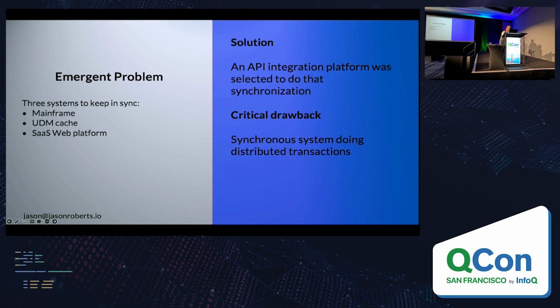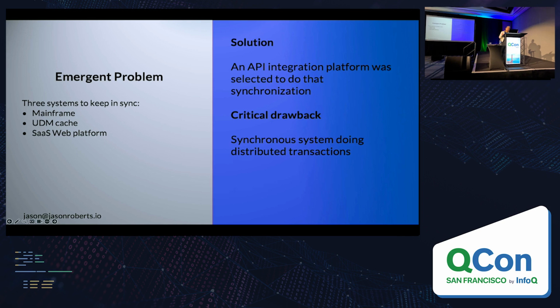So due to the low frequency of updates, a backend for a front-end API was required when we are talking about data currency, and for the highest value use cases, data currency was usually required. So the drawback with the BFF was it was tightly coupled to the mainframe, whereby it inherits the scaling concerns of the mainframe.